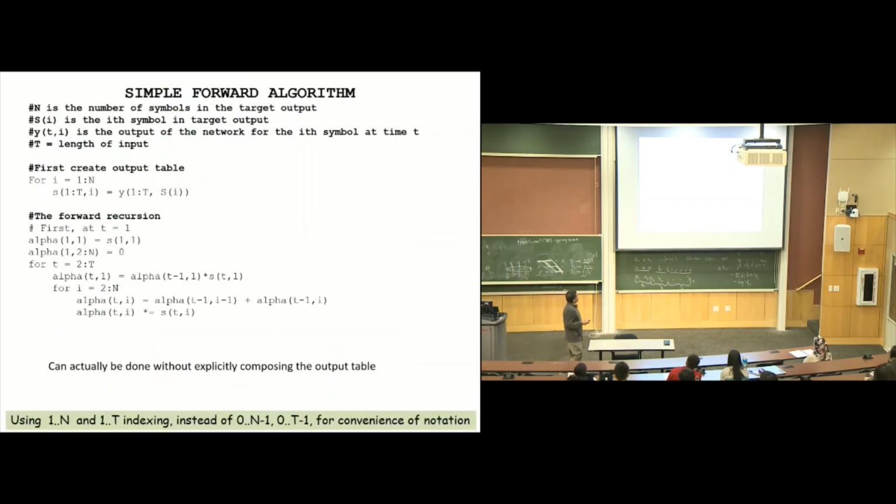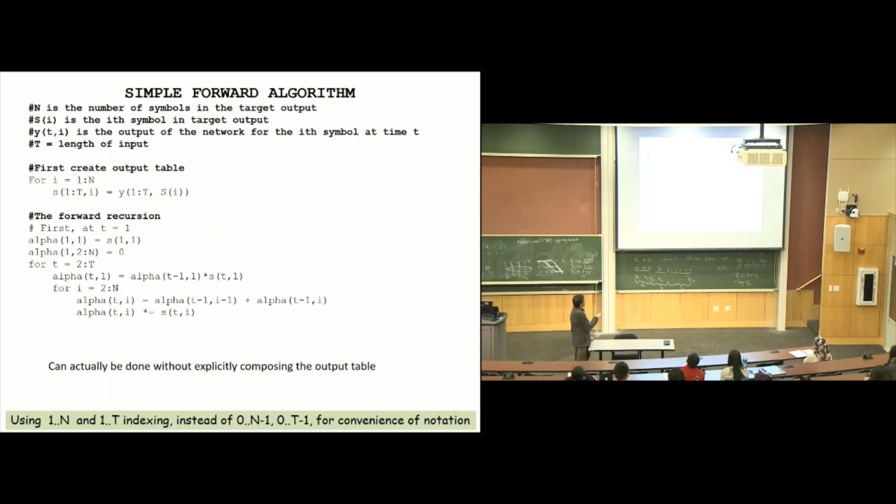So here's the simple forward algorithm. I'm just creating the initial table, and you can see that only for the first time instant, you're doing something special. You're picking alpha 1,1 to be the probability of the first symbol, and the alphas for the remaining entries in the first column to be 0. And then subsequently, this is just a simple loop.